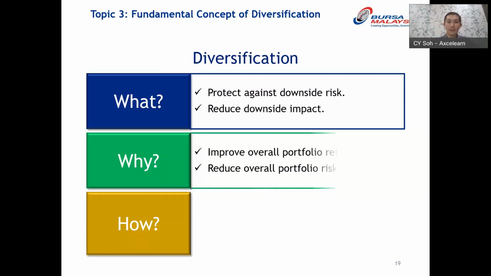Now, why is diversification important? So earlier I've told you that diversification is like the air that we breathe. Most of the time, people would appreciate it when bad things actually happen. So let's say you are an investor or trader who wants to double your money in the same period.